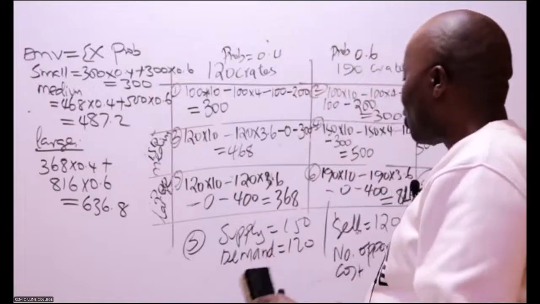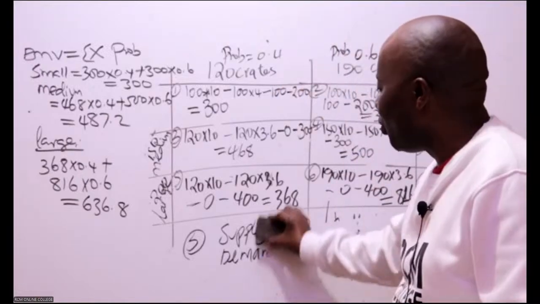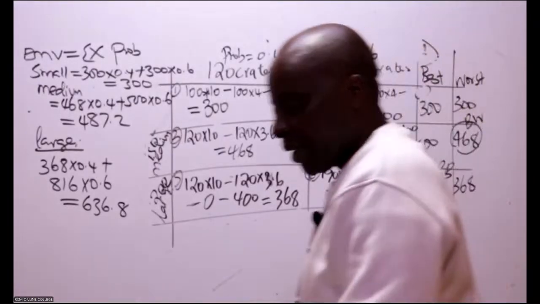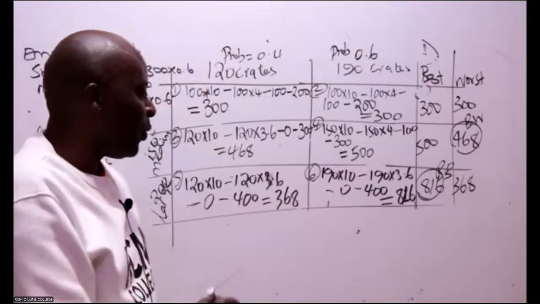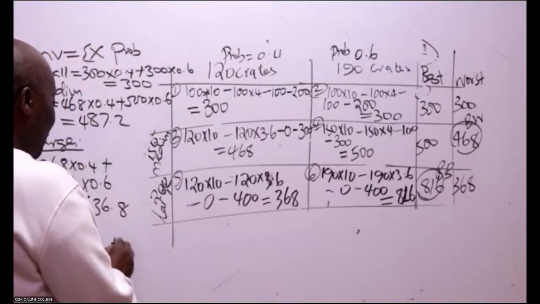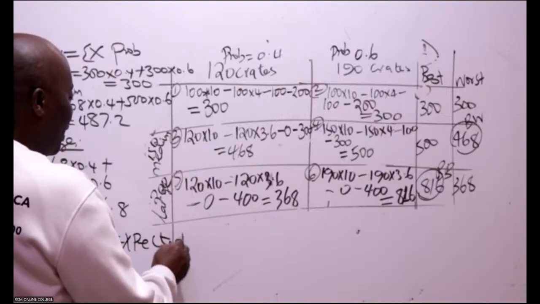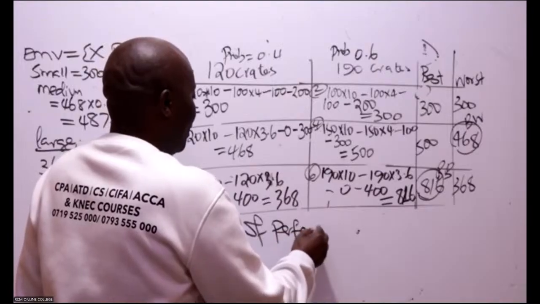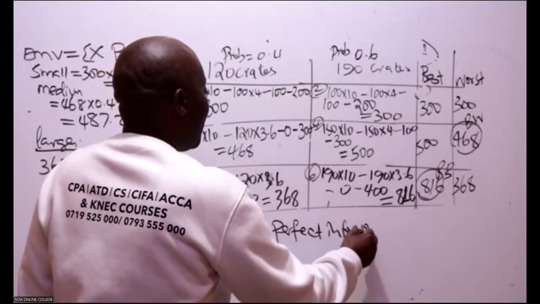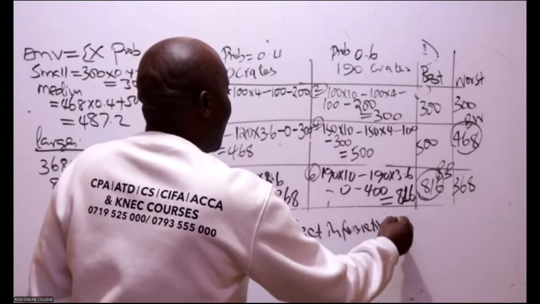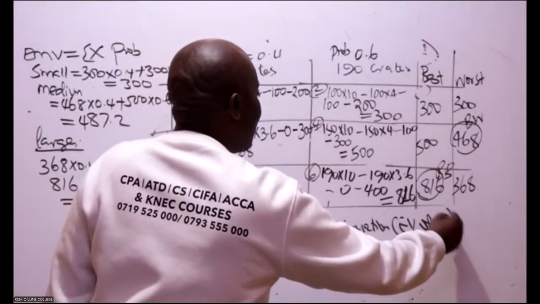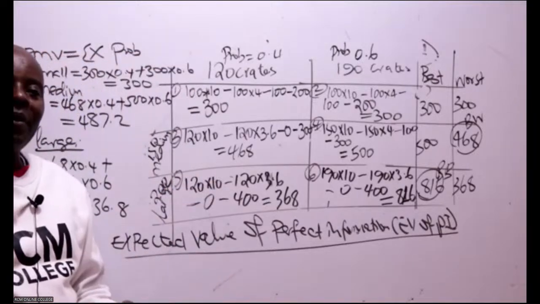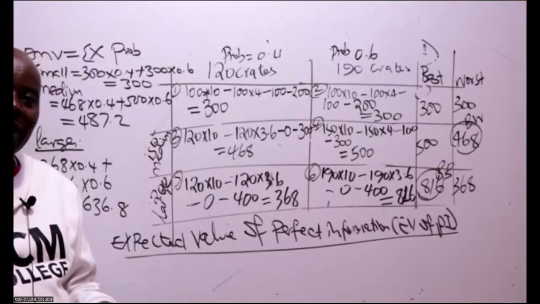They never asked us to do this, but it's very important for me to show you this concept of expected value of perfect information. Ladies and gentlemen, instead of us just guessing in the darkness, at times it is important to go and get an expert, like the broad-based government, who can predict for us.